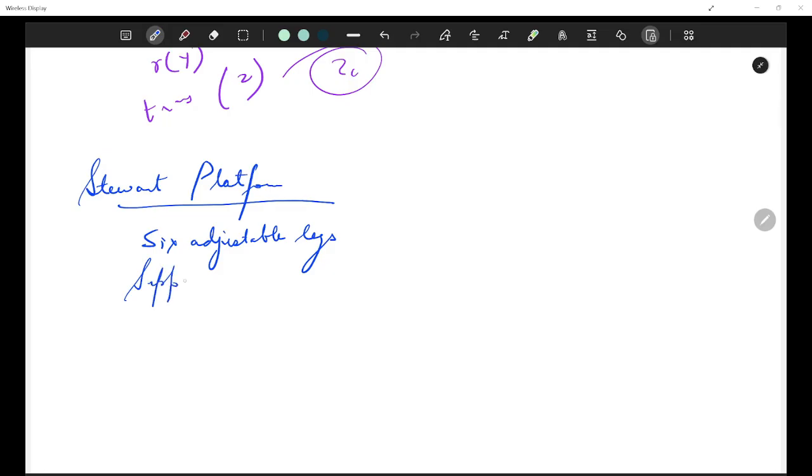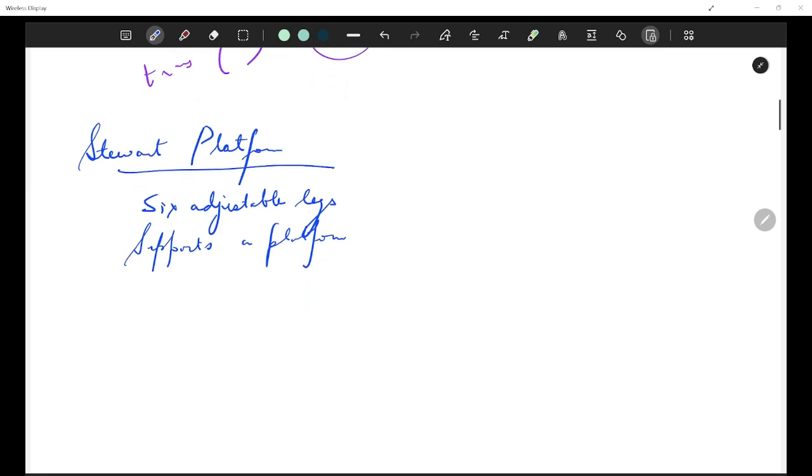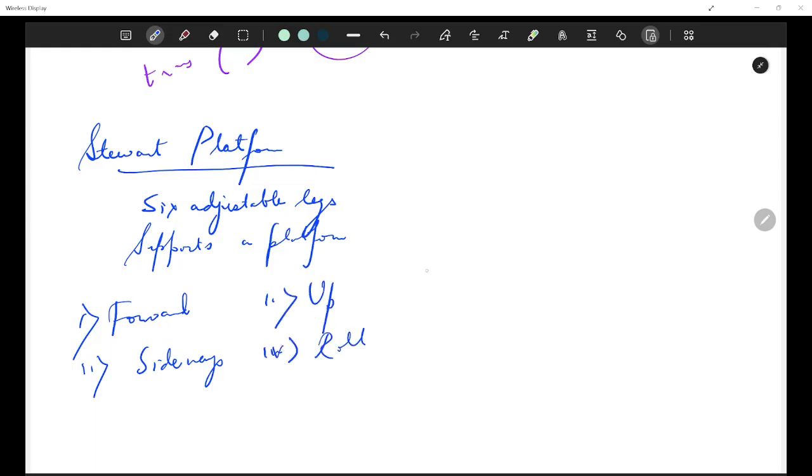It is a parallel manipulator. The platform moves in 6 ways. What does it do? It moves forward, it moves sideways, it can move up, it can roll, it can pitch, it can yaw.